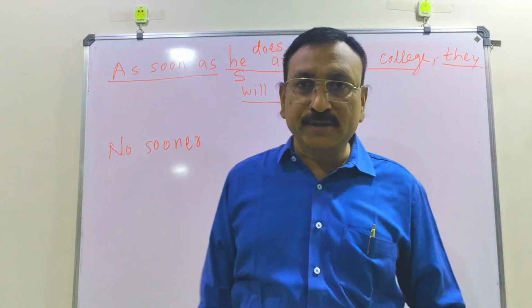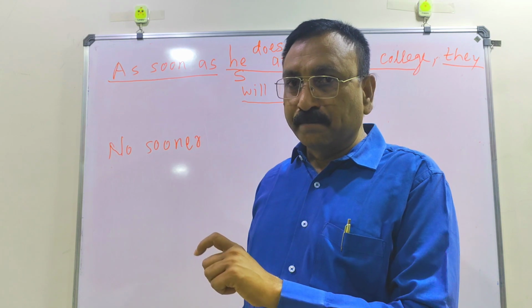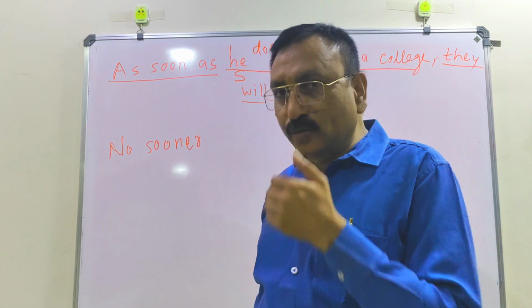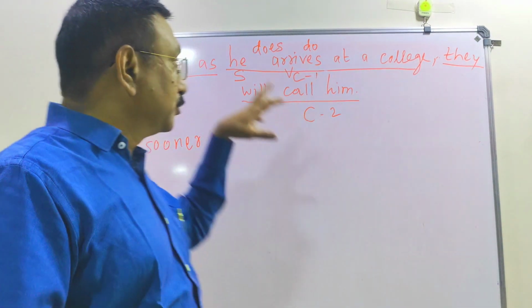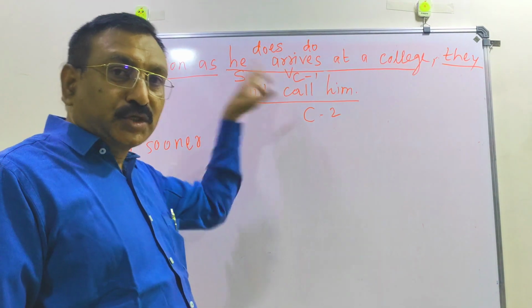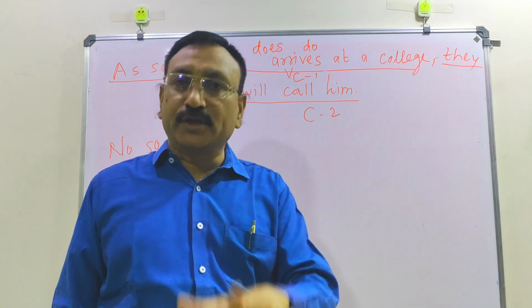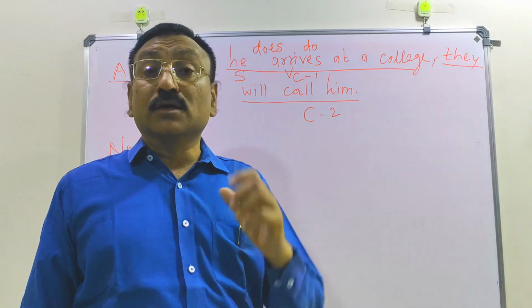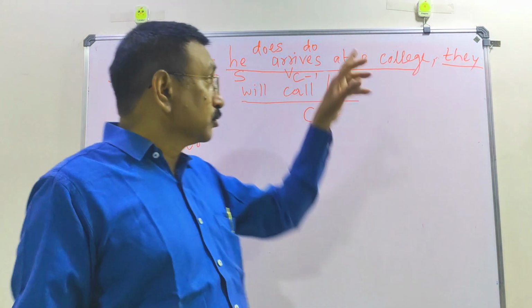In simple present tense, we use two auxiliary verbs, does and do. Which of the two should be selected? It depends on the form of the verb. If the verb takes the suffix s or es, we use does, and if the verb does not take the suffix s or es, then we use do.